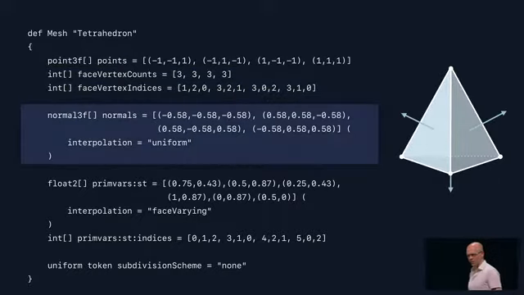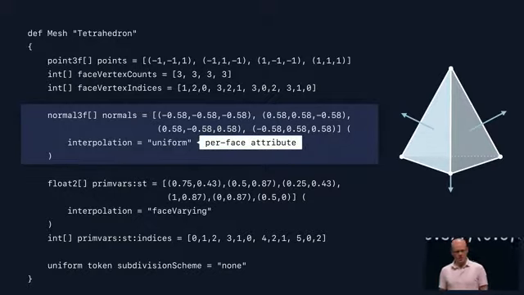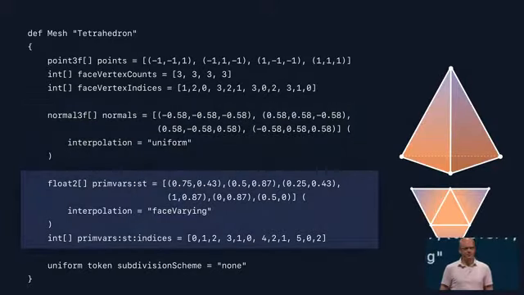Next, we'll store normals. And in this case, we choose to store the normals per face. So there are 4 normals. And the USD language for per face attributes is uniform. So the metadata is set to uniform. Let's also store texture coordinates.